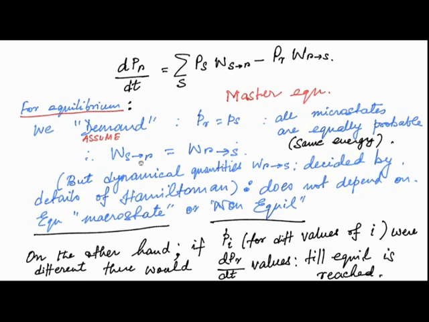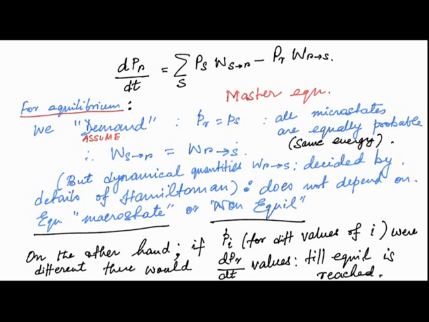So the transition probability itself is going to depend upon the energy of interaction, right? The transition probability is not going to change whether the system is in equilibrium or non-equilibrium, because it's a local property, right?